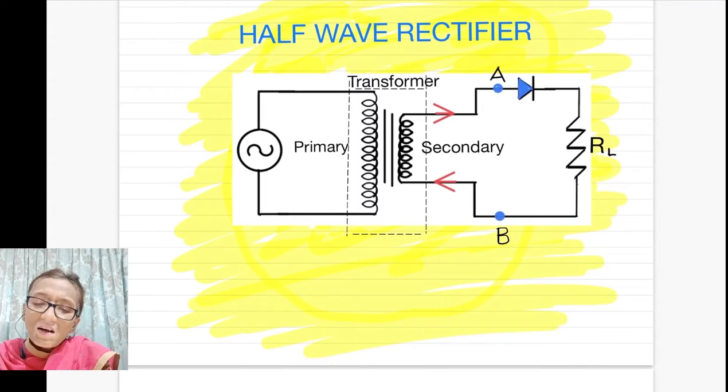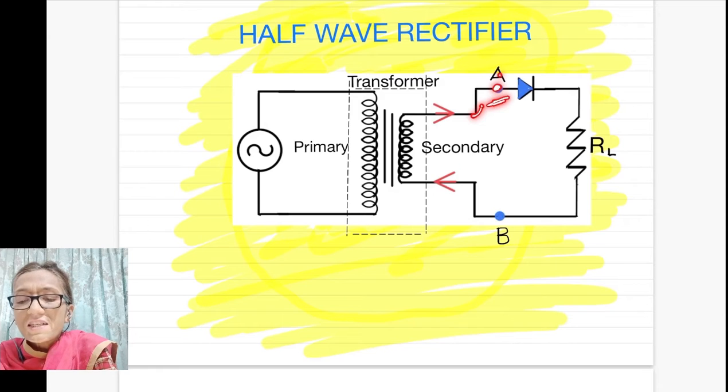Now, in the secondary coil, you have a variable voltage just like in AC, but it is out of phase. When the voltage is positive at A, it is connected to the P side of this PN junction.